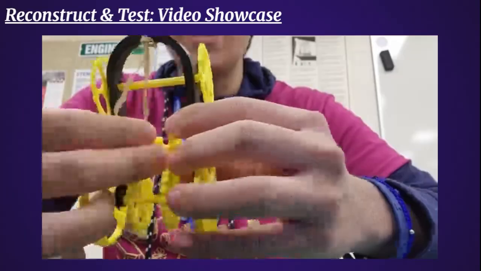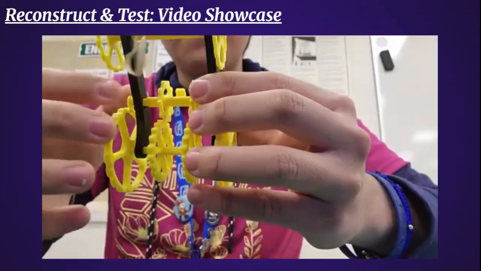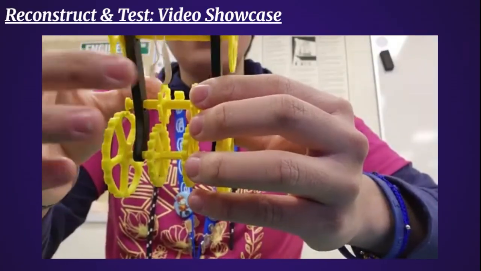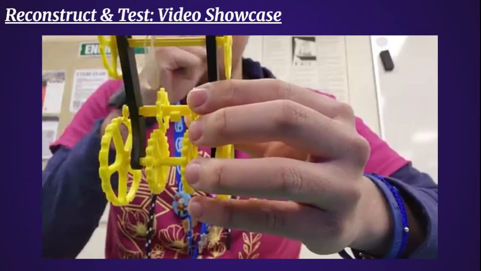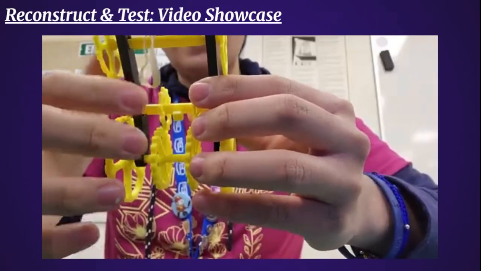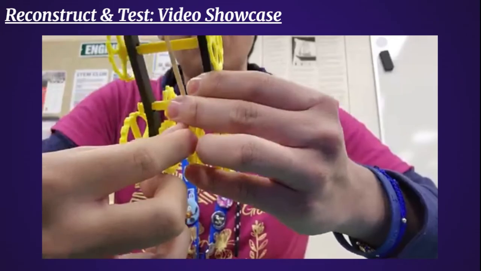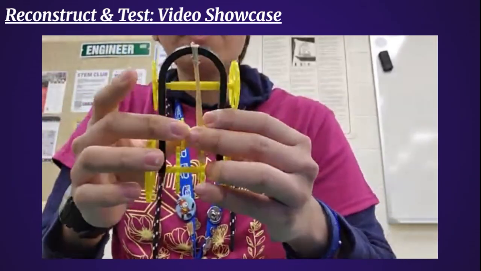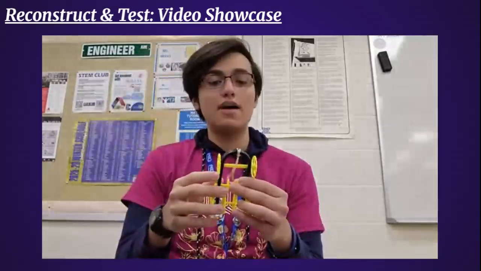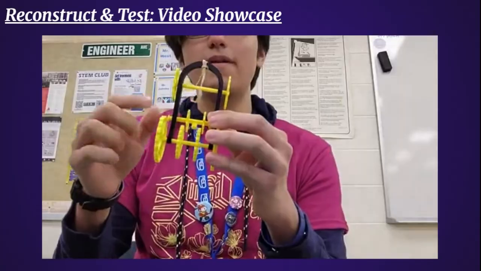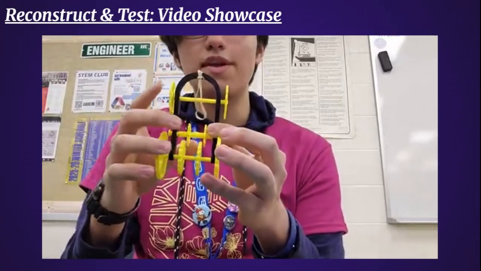Once this goes inside, I'm going to spin the gears and the axle, and I'm going to spin this until the rubber band is all the way stretched out. Afterwards, I'm going to let go, and that's going to cause the axle and the gears to start moving.